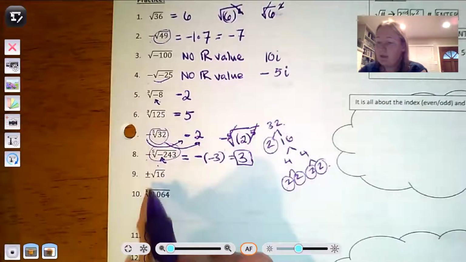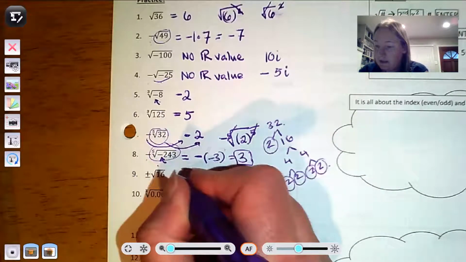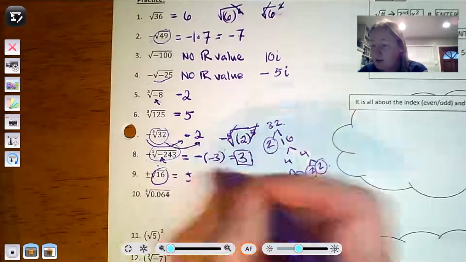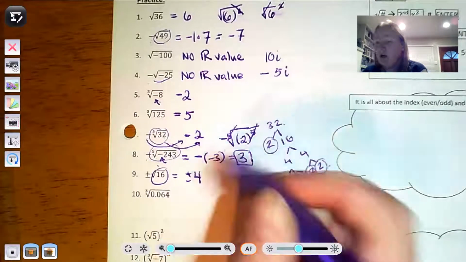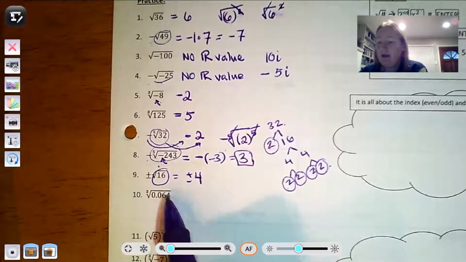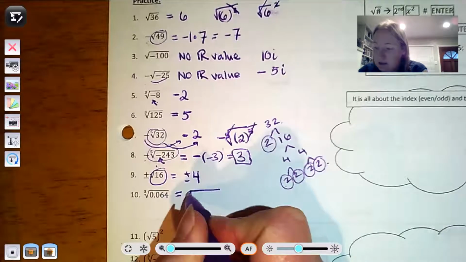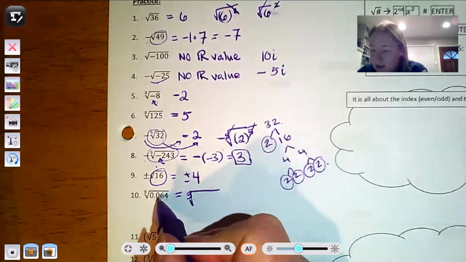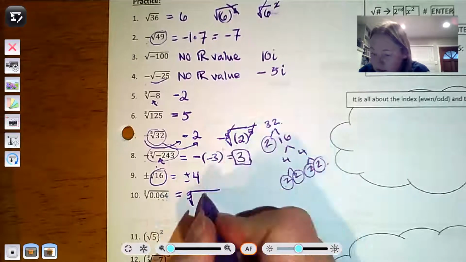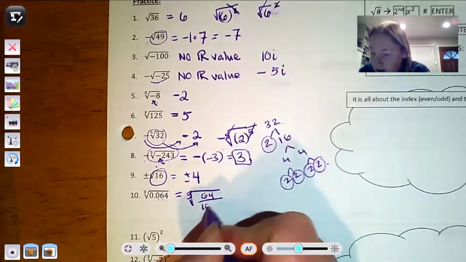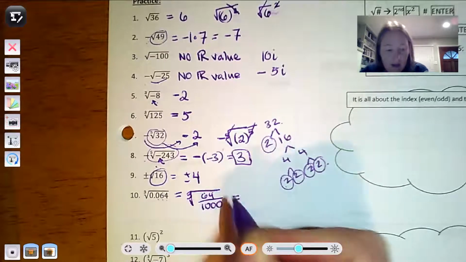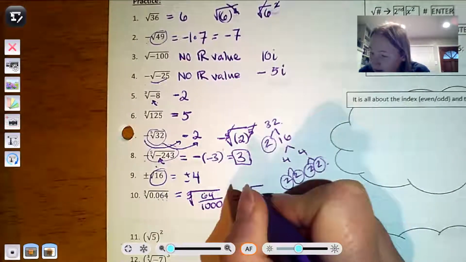Next, you have this plus minus symbol. So we're going to have plus or minus, and then you evaluate this. Square root of 16 is 4. And then here it's a decimal, but if we think about what that means, it's tenths, hundredths, thousandths. So this is 64 thousandths. And so we can take the cube root of 64.